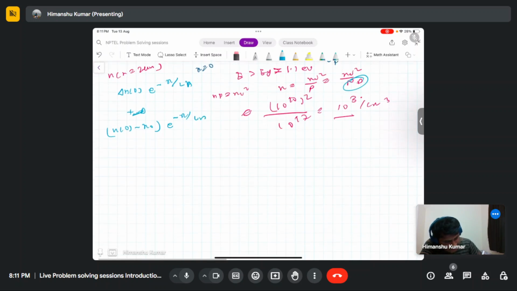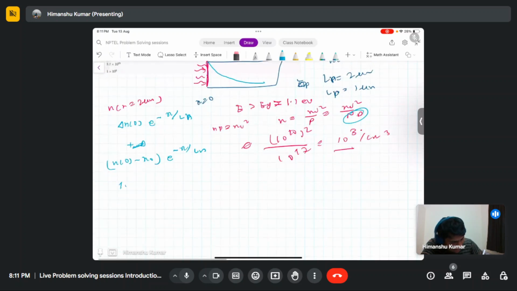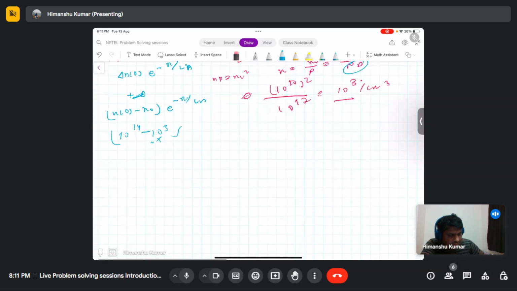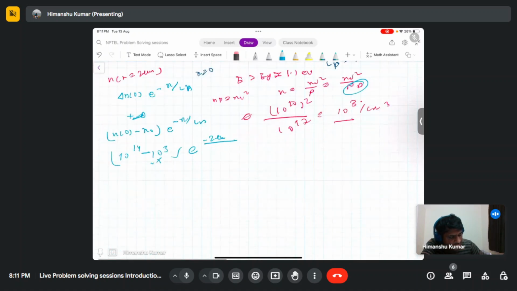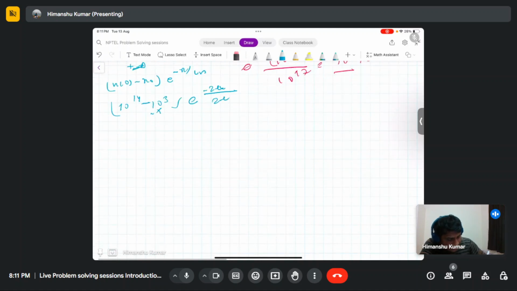This is 10 power 14 minus 10 power 3, and we can neglect the 10 power 3 with respect to 10 power 14. With x equal to 2 micron and Ln given as 2 micron, this becomes 10 power 14 times exponential of minus 1.